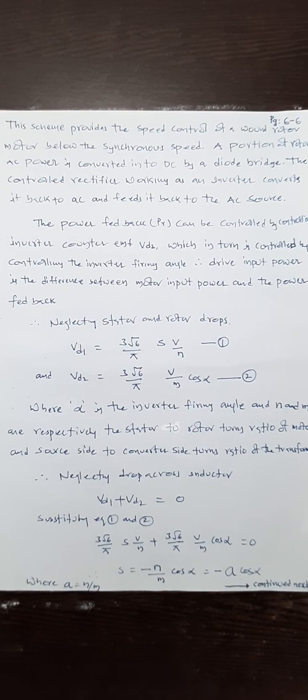In the further class we will continue with the rest of the topics belonging to the static Kramer drive as well as the static Scherbius drive, so that the theoretical part of the fifth unit is over, and you do some more problems, so that this unit will be closed in maybe 1 or 2 classes.